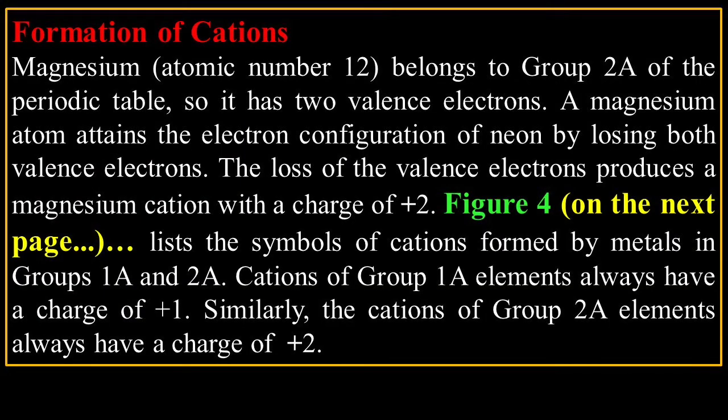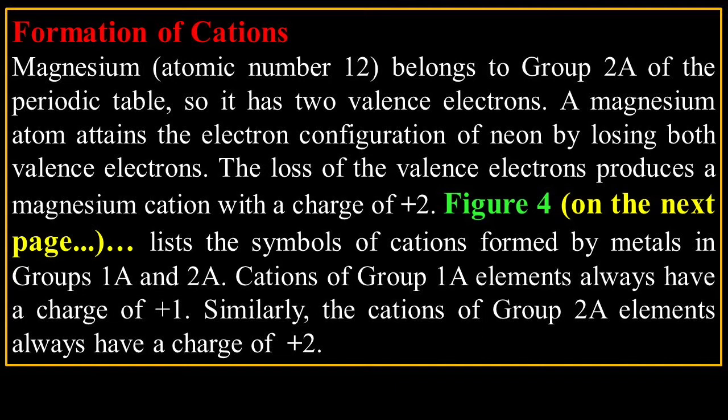Formation of cations. Magnesium, atomic number 12, belongs to group 2A, or just 2, of the periodic table, so it has 2 valence electrons. A magnesium atom attains the electron configuration of neon by losing both valence electrons. The loss of the valence electrons produces a magnesium cation with a charge of +2.